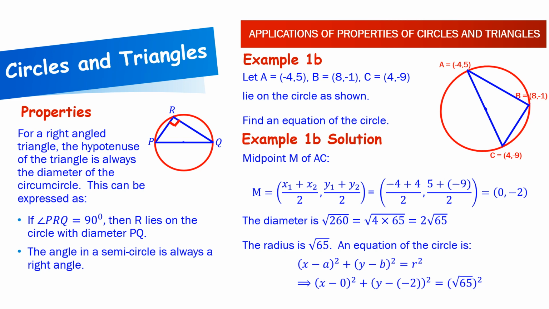And therefore an equation of the circle is x minus a all squared plus y minus b all squared equals r squared, which in our example is x minus 0 all squared plus y minus -2 all squared, which equals root 65 squared. And tidying up, this gives us x squared plus y plus 2 all squared equals 65.